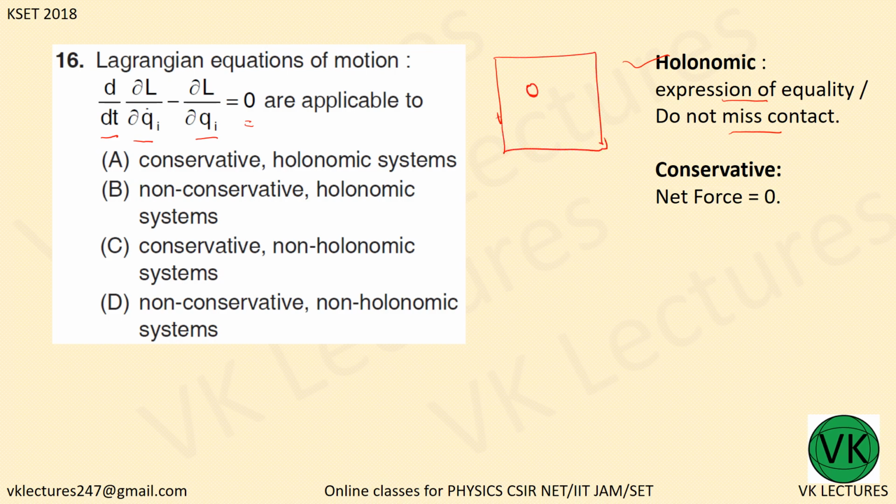The ball will move in the x and y coordinates, from y equal to 0 to y equal to b, and x equal to 0 to x equal to a. This is the area in which this ball is allowed to move.